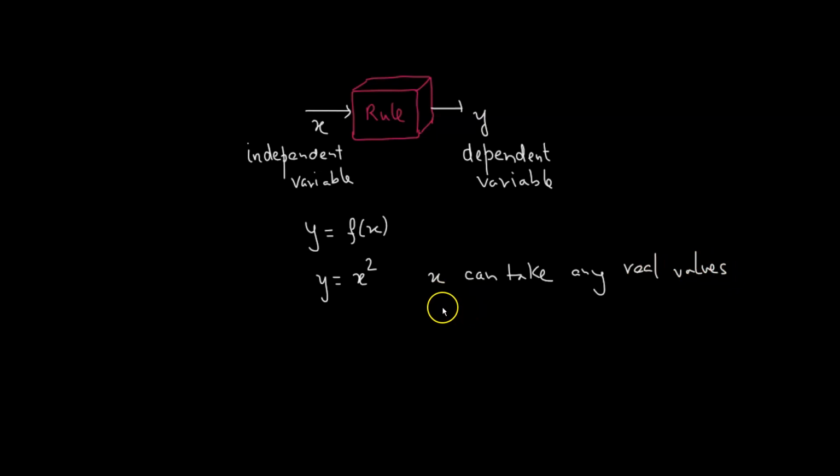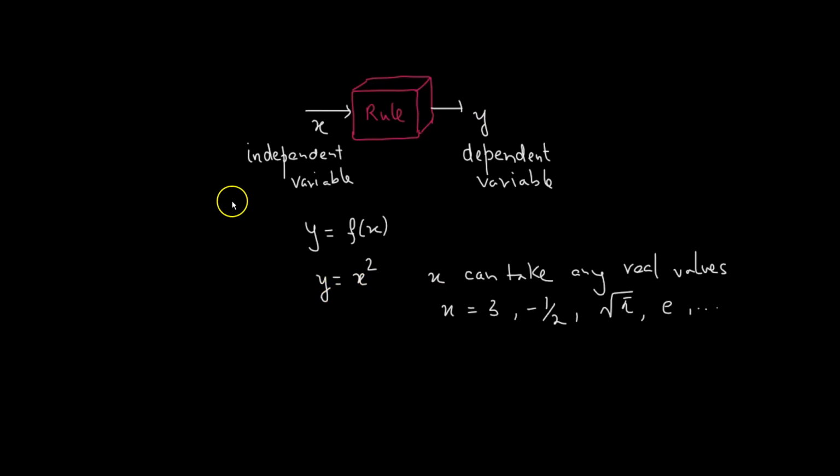It can be positive, it can be negative, fractions, it can be rational numbers, such as square root of pi, it could be the exponent e, and so on. And when we plug in these particular values of x, then we're going to get a very specific value of y. So for each unique value of x, we're going to get a unique value in y. That's why y is totally dependent on the values of x. So y is a dependent variable.